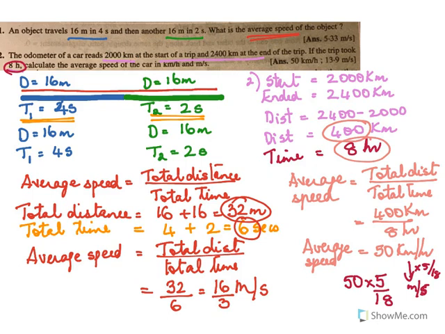Here when you reduce it, this will be 25 and this will be 9. So you will get 125 by 9 meter per second, and that works out to approximately 13.9 meter per second. So remember, to change kilometer per hour to meter per second, you need to multiply by 5 by 18.